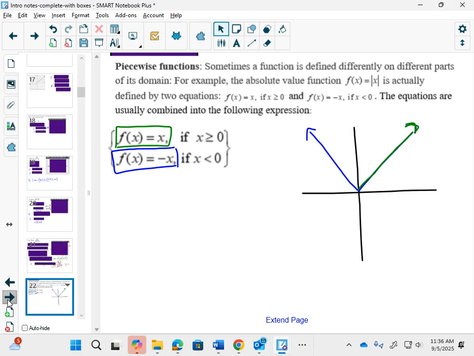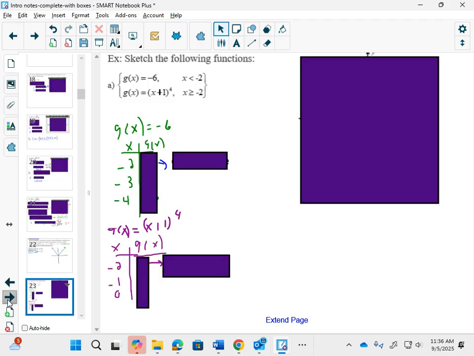So if you do have a piecewise function, and we're going to graph a couple here, you can sketch each piece separately. And I'm going to color code them here. I made a table of values. I don't think you need to make a table of values for g of x equals negative 6. Because it's like, what happens if I plug in negative 2? I get negative 6.